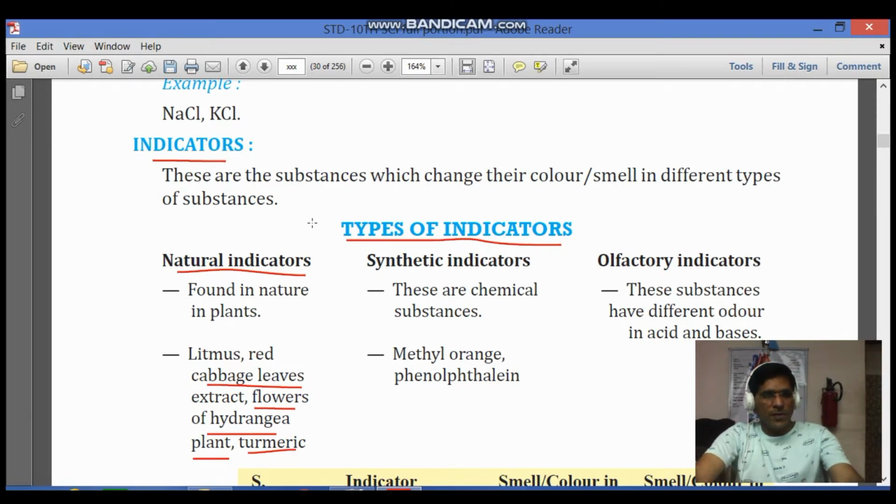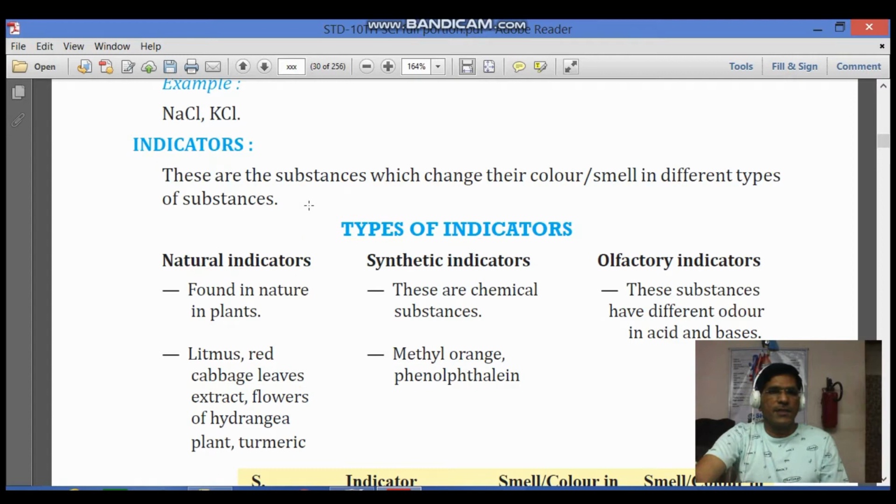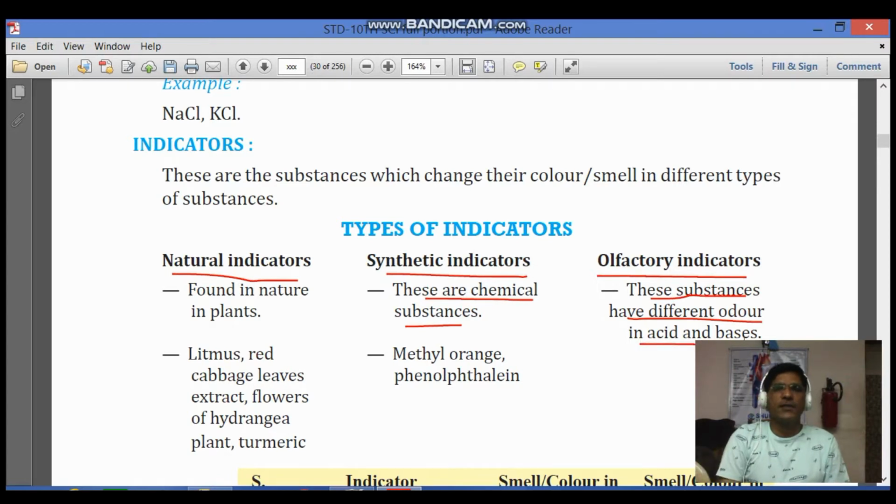So today we want to discuss three topics: first natural indicator, second synthetic indicator, third olfactory indicator. Synthetic means made chemically. Olfactory means different odors, that is, smell.